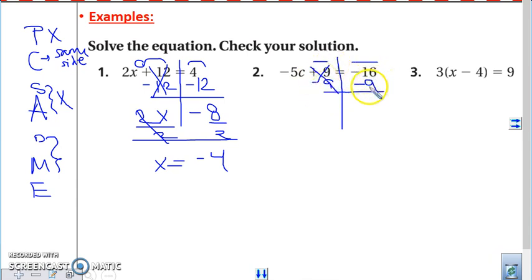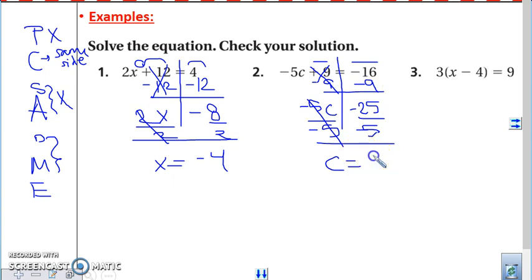Negative 16 minus 9 is negative 25, and we saw that negative 5c. Undo division, multiplication. Divide by negative 5. Remember, this fraction bar says division. c is negative divided by negative, which is positive 5.